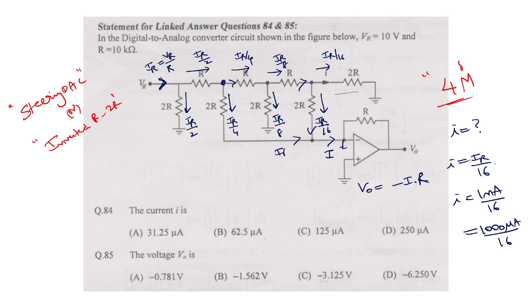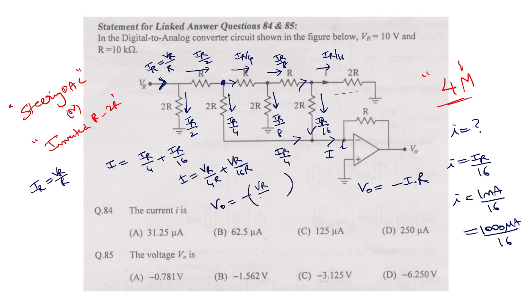So this is IR by 4. So what is I? IR by 4 plus IR by 16. So what is IR? VR by R. Let's put it like that. So I is VR by 4R plus VR by 16R. So V naught is the total I into R.